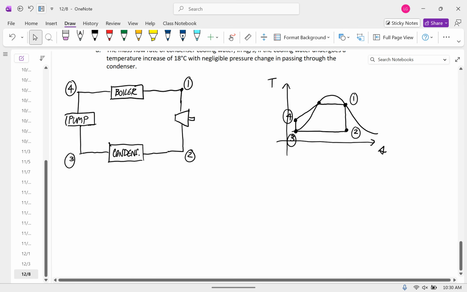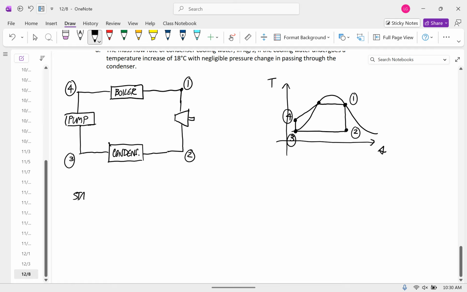And I'm going to write out state 1, state 2, state 3, state 4. From state 1 to state 2, that's going through the turbine. That's isentropic.